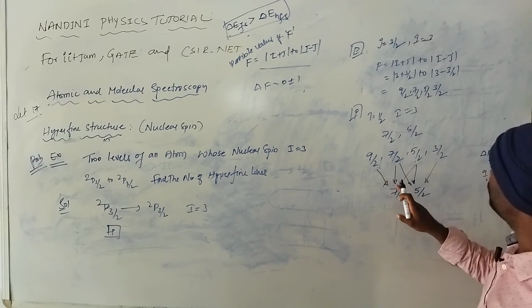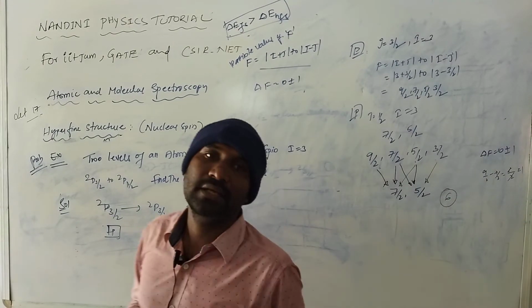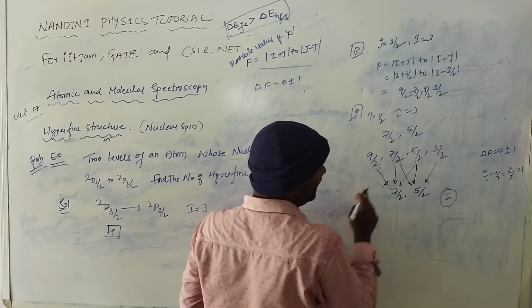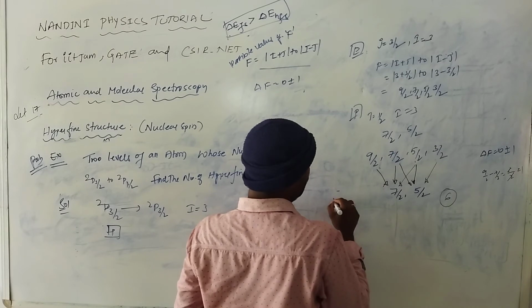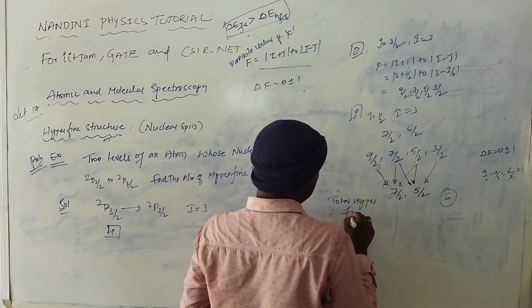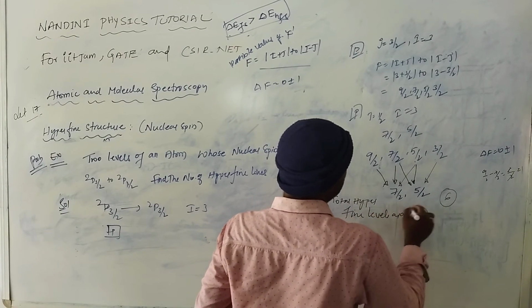So, total 1, 2, 3, 4, 5, 6, total 6 spectral lines. These are the possibilities. So, the total number of hyperfine levels is 6, okay, understand.